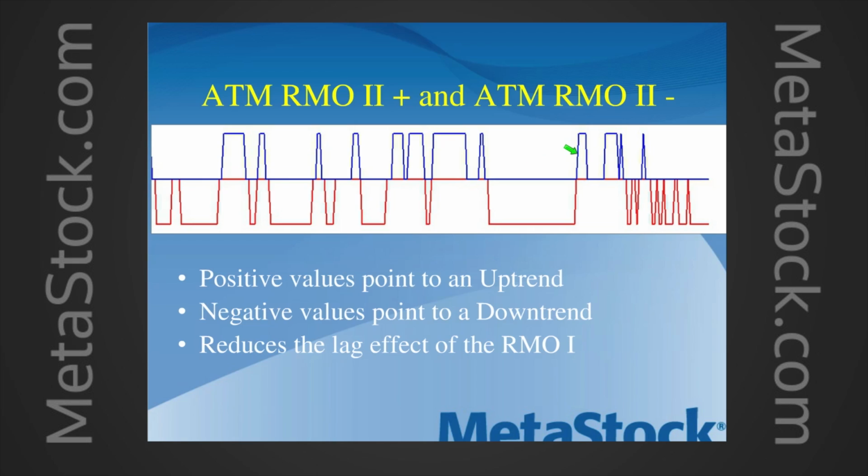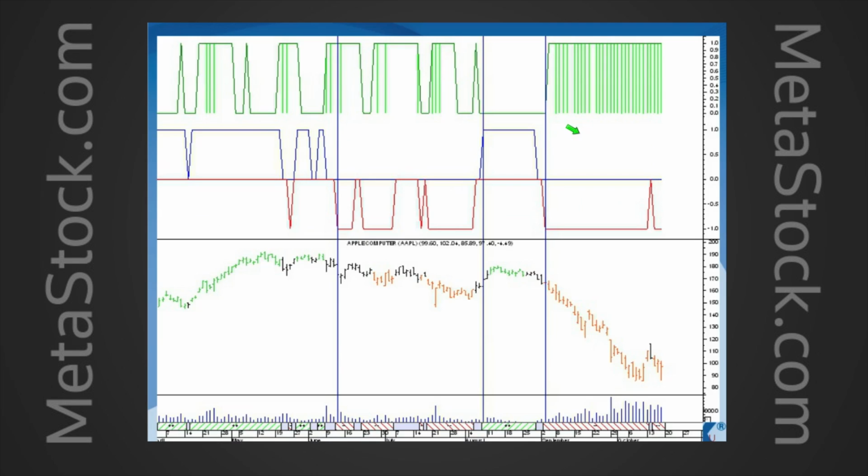Just like when the RMO2 or the blue line goes above 0, that's a strength signal. So am I trying to say you can sell when the indicator goes down to a value of -1? Yes. Can you buy when the indicator goes to a value of +1? Yes. So it is adaptive and obviously would tend to even reduce the lag effect that you have in the RMO1.